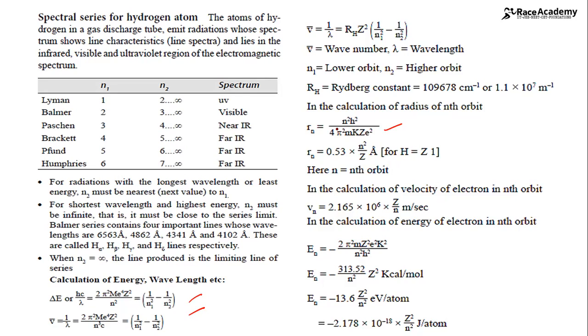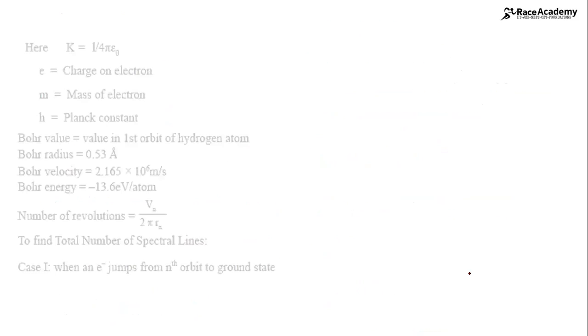If you substitute the values, then r value can be written as 0.53 Å approximately. Z value for hydrogen is 1, so for hydrogen you have to substitute that. And from this, the velocity is calculated as 2.165 × 10^6 × Z/n meter per second. And this calculation gives different units of energy that we have already observed.